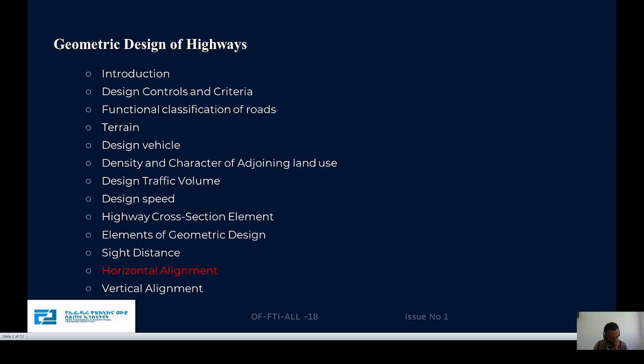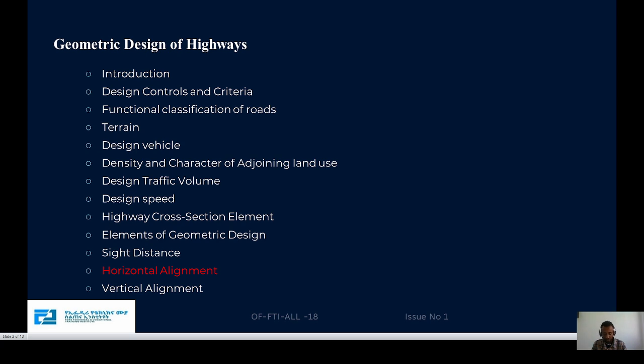In the previous video we also dealt with the horizontal alignment. The horizontal alignment is designed for the different directions, so horizontal curves are provided, and the horizontal curves are designed based on the appropriate relationships between the superelevation, friction, and the design speed, which is very important.